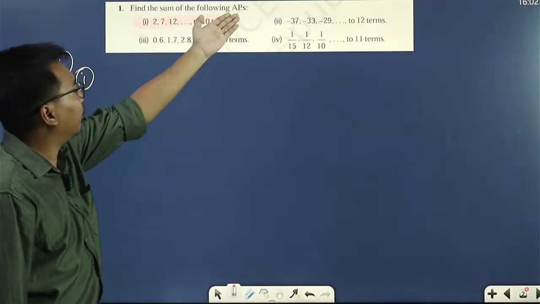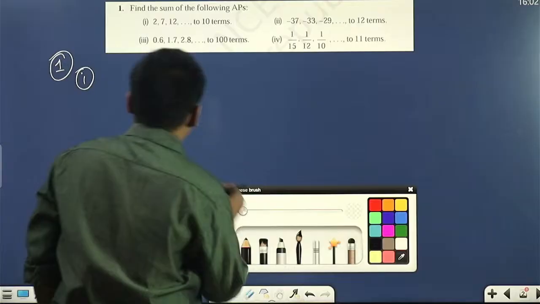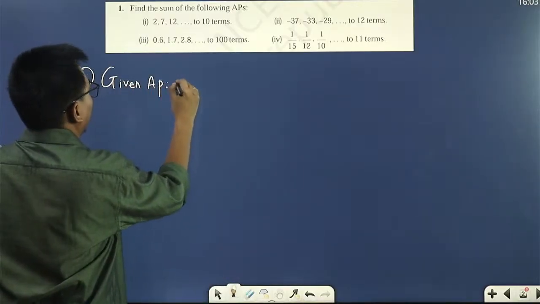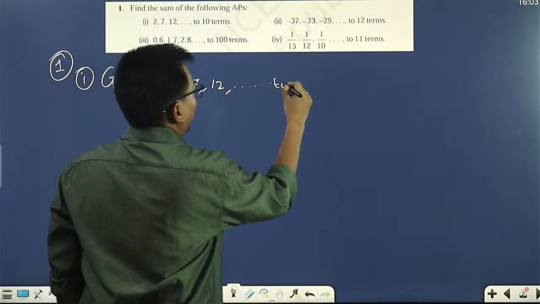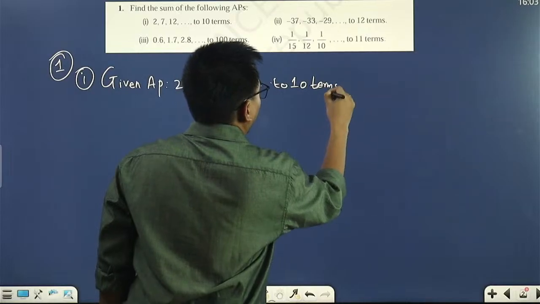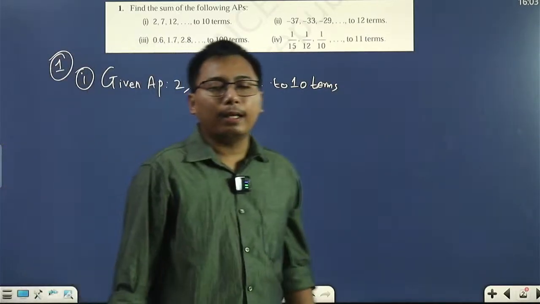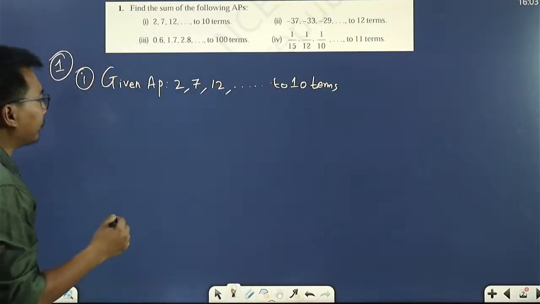The AP given is 2, 7, 12, up to 10 terms. Which means we have to find the sum of this AP up to 10 terms.